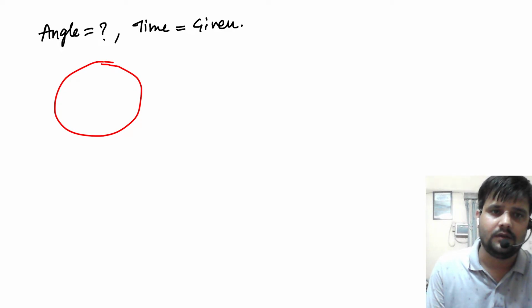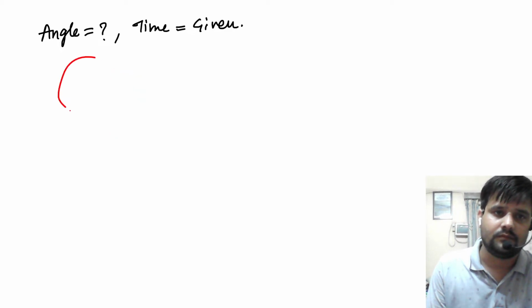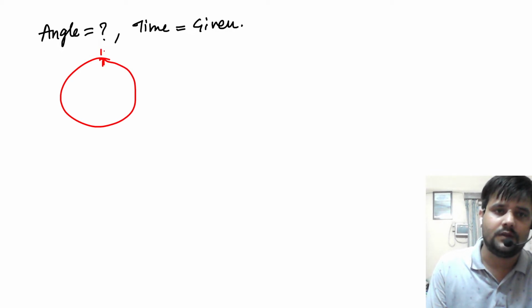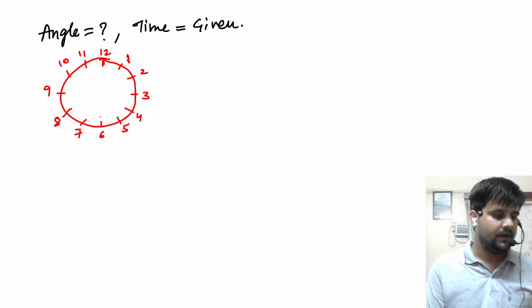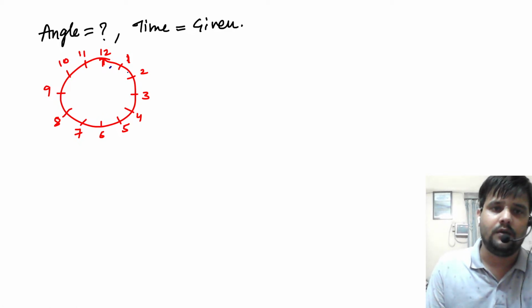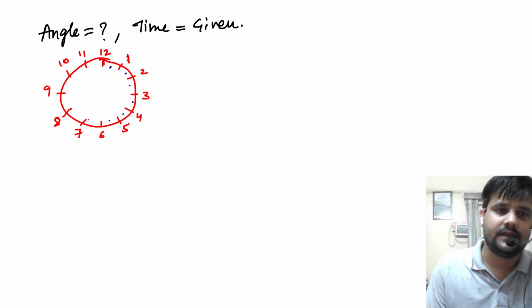This is your clock. This is 12, 6, 3, 9, 10, 11, 1, 2, 4, 5, 7, 8. Now see here, just count the gaps here. 1, 2, 3, 4, 5, 6, 7, 8, 9, 10, 11, 12.